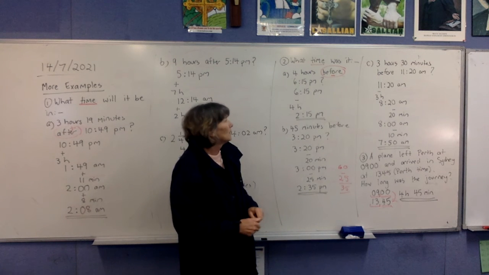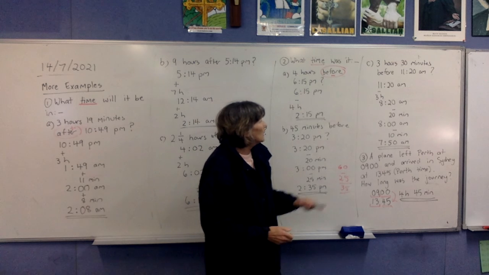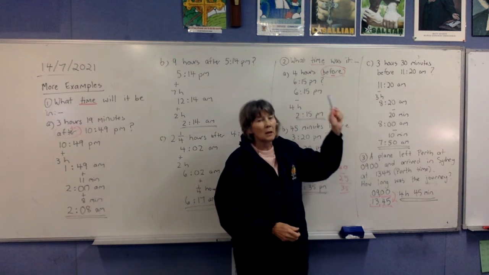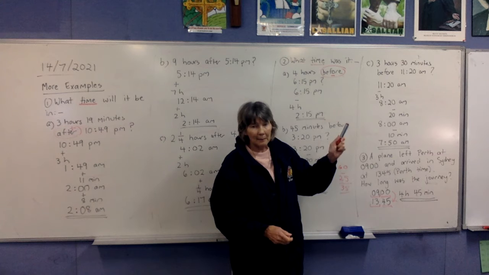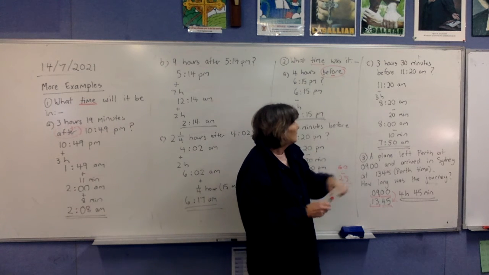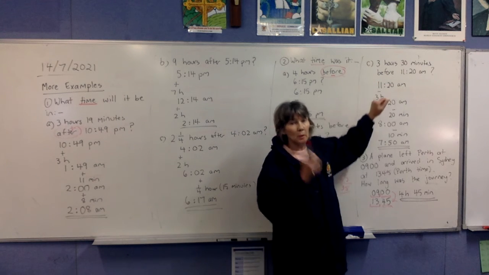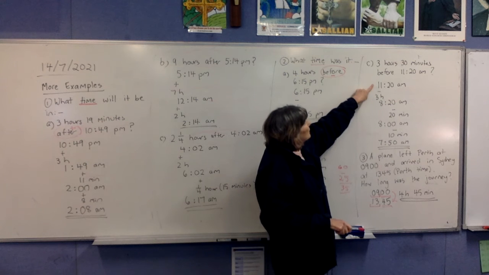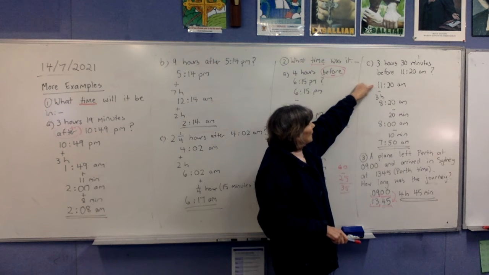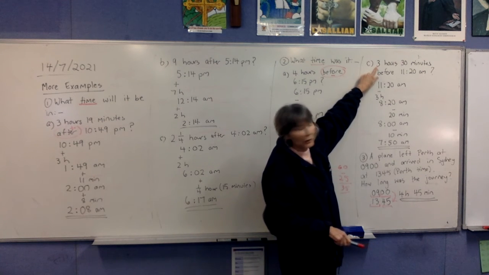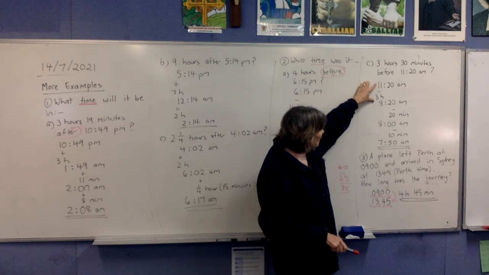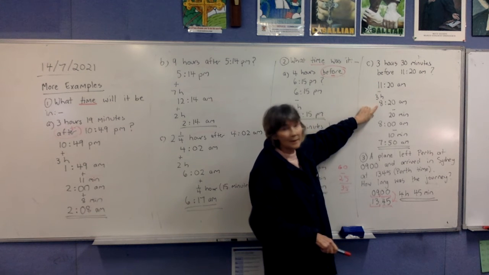All right, the next one, we're looking at 3 hours, 30 minutes before 11:20 a.m. So we're going to do it in parts. We're subtracting time because we're looking at before. So start at 11:20 a.m. We're going to take off 3 hours first, off the hours section here, and that'll get us to 8.